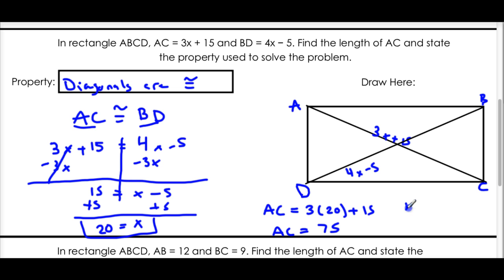Now to find the length of BD, that is 4 times 20 minus 5. 4 times 20 is 80, minus 5 is 75. Are they the same length? Yes, so that value of x makes these two congruent.